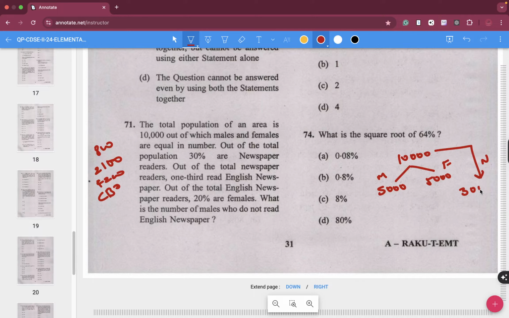Your statement number 2 says 100 divides 67 raised to the power 5 plus 33 raised to the power 5.